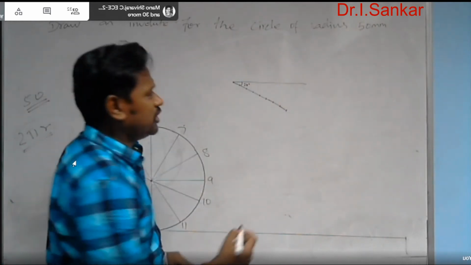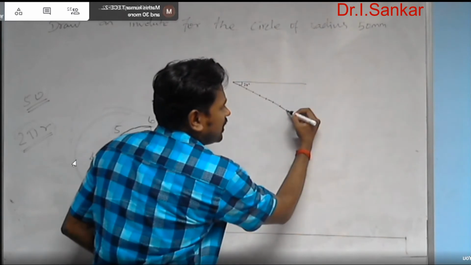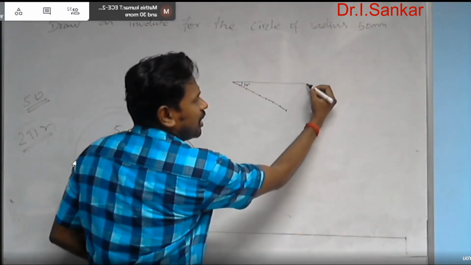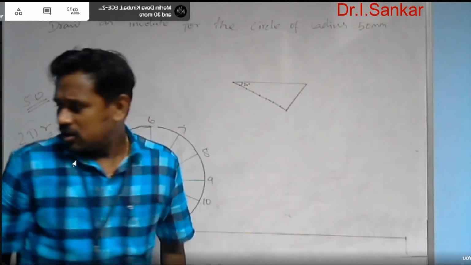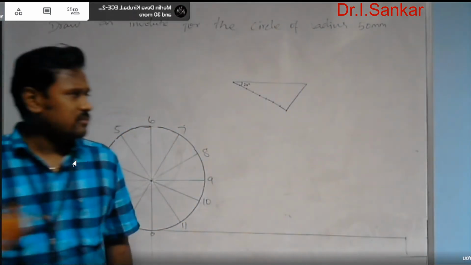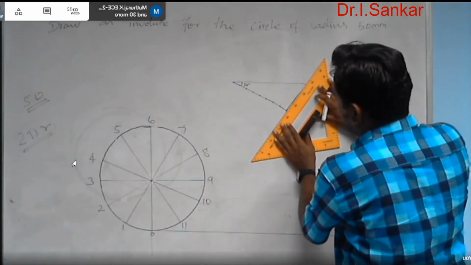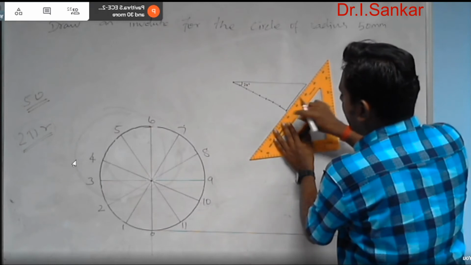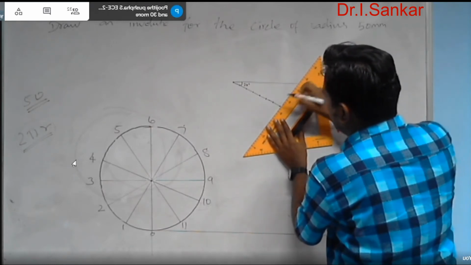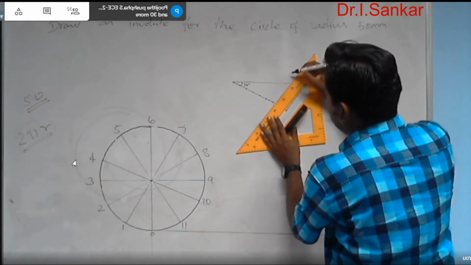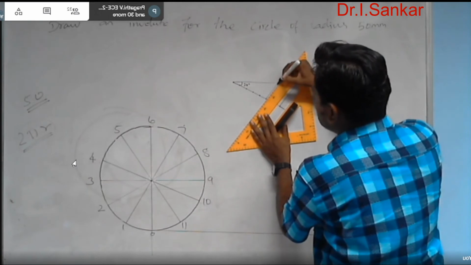Then what I need to do is connect the two terminals of the lines, the pilot line terminal and the object line terminal. Just connect these two. After that, use your drafter and set one scale of the drafter parallel to the connector line, and with respect to that line, draw the parallel lines from each and every terminal of the pilot line towards the object line.